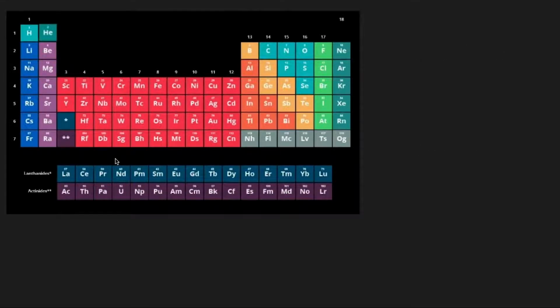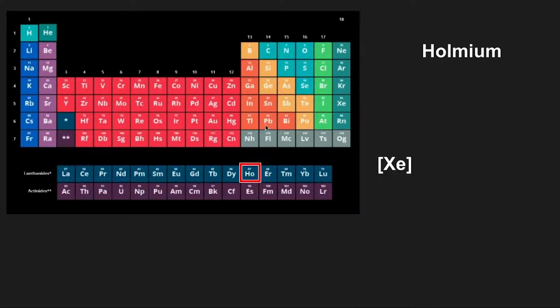Finally, let's do the electron configuration for elements that have electrons in the f orbital, and one of these is holmium. To start off our electron configuration, we're going to use the noble gas shorthand. For that, we're going to have xenon, because it's the last noble gas we passed before getting to holmium, which is around here.